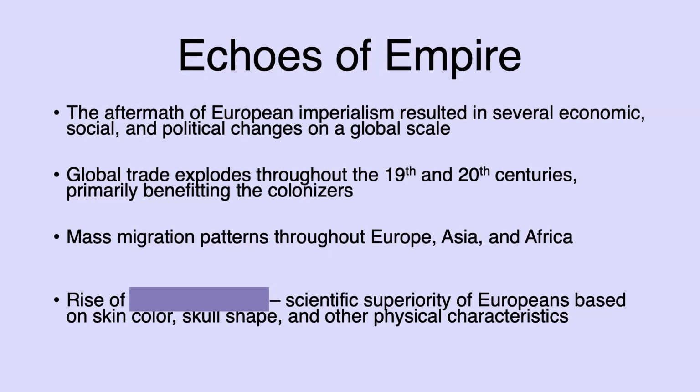And perhaps most prominently, there is the rise, and like I said, it's both voluntary free versus indentured. And there's also the rise of scientific racism. And it is based on the idea that there is a scientific superiority of Europeans based on their skin color, their skull shape, and other physical characteristics.